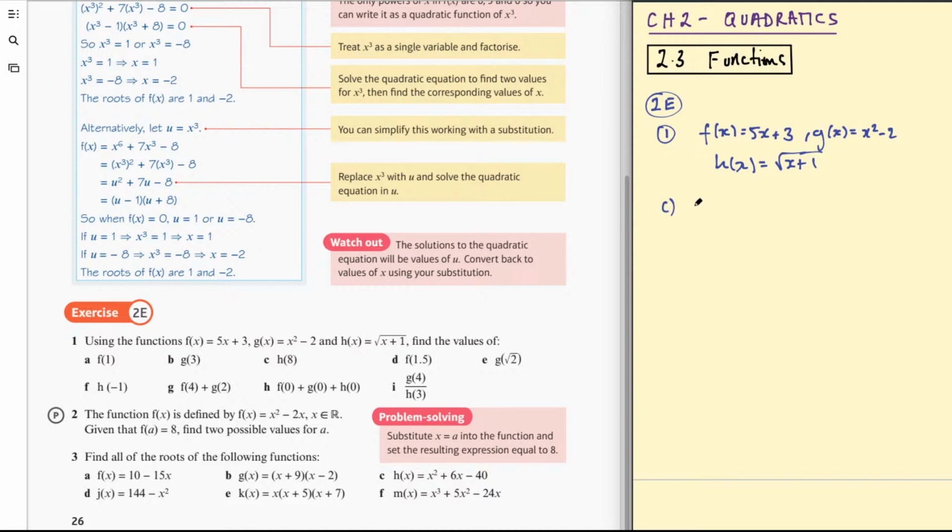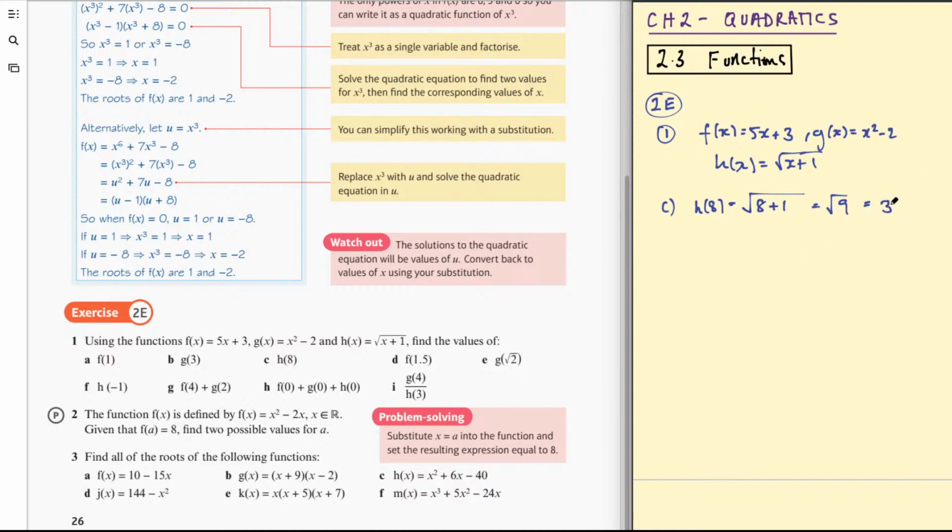So C asks for h of 8. Plug 8 into this function, we get the square root of 8 plus 1, which is the square root of 9, which is 3.